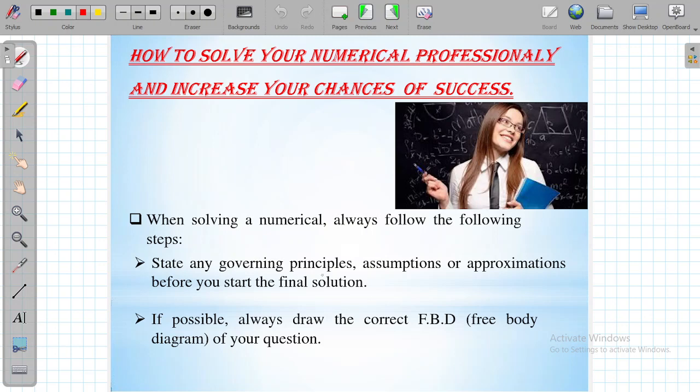Then, if possible, always draw the correct FBD, the free body diagram, of your question. Remember, when you draw the correct FBD, almost half of the solution of your problem is done.